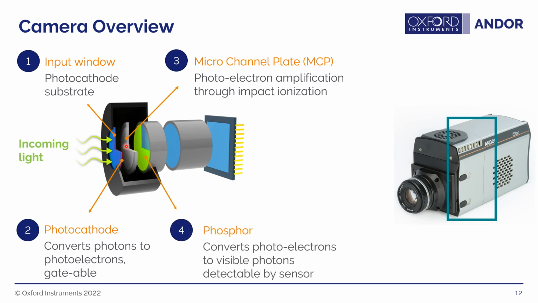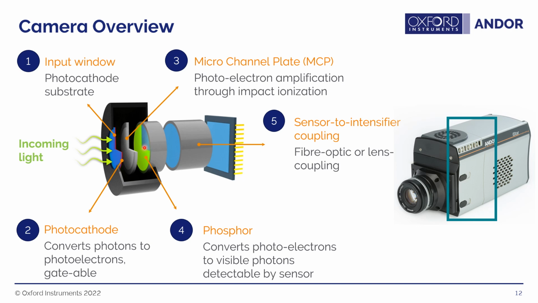After that, the cloud of electrons that's generated from each photoelectron that's come into the microchannel plate travels to the phosphor screen, where this cloud of electrons is converted into visible photons in the high quantum efficiency wavelength range of the sensor in the camera.